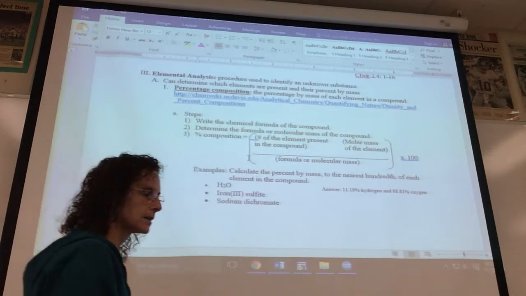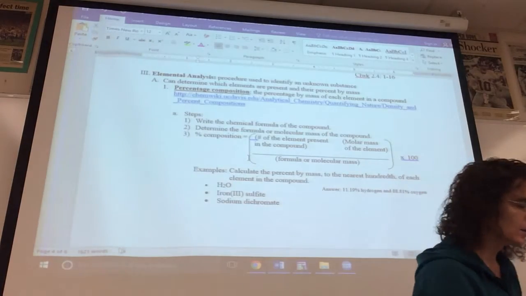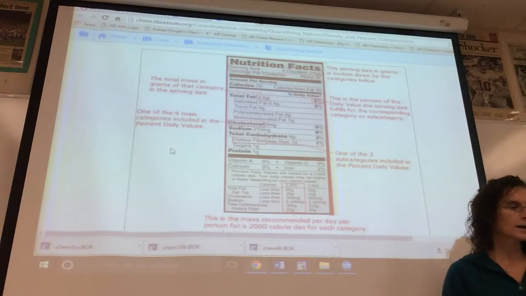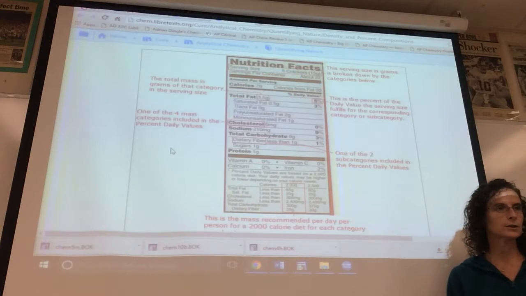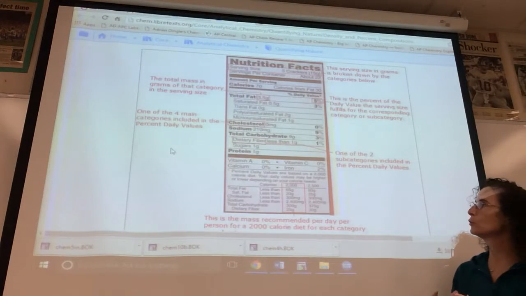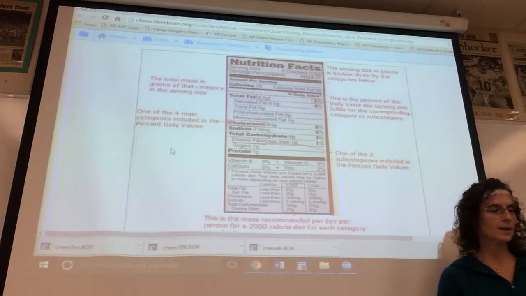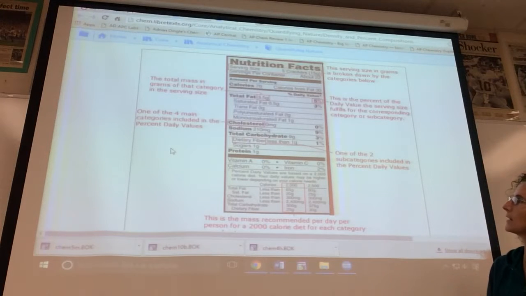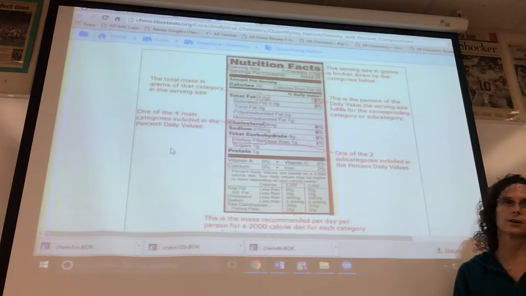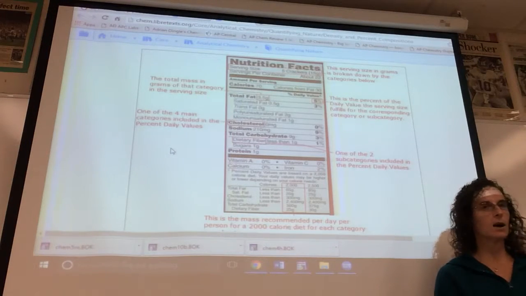And it's really very simple. It's something that you actually have seen previously. If, for example, you have some crackers as a snack, if you look at the nutrition facts in regard to serving size, servings per container, as well as the major food groups that these crackers make up, such as total fat, cholesterol, sodium, etc., you will see that they are given as percent compositions.